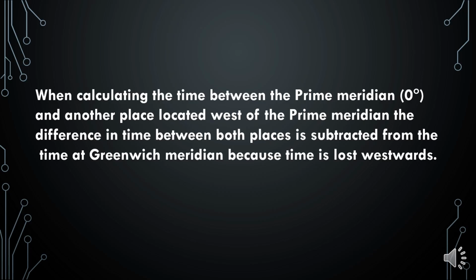When calculating the time between the prime meridian or 0 degrees and another place located west of the prime meridian, the difference in time between both places is subtracted from the time at Greenwich meridian, because time is lost westwards.